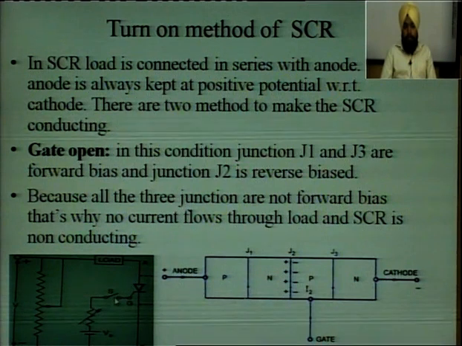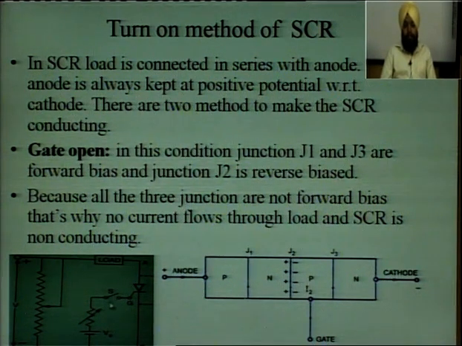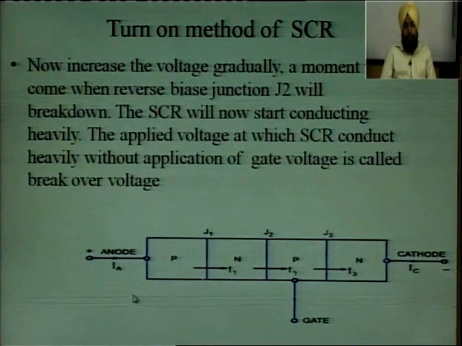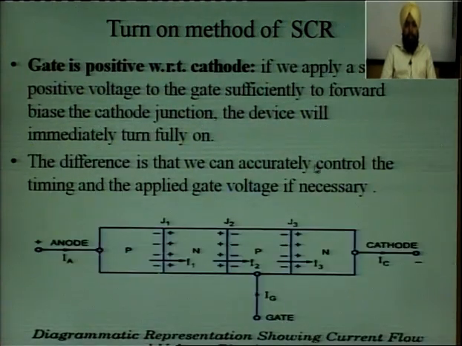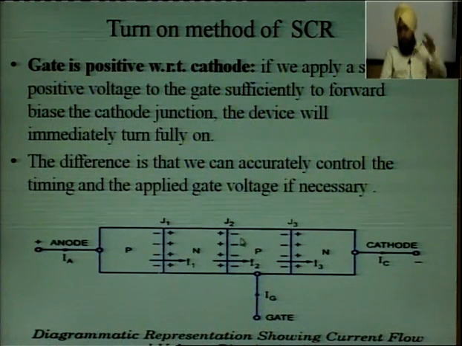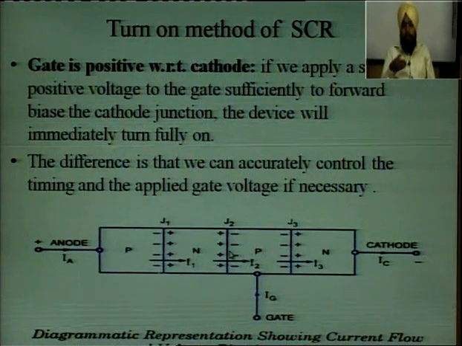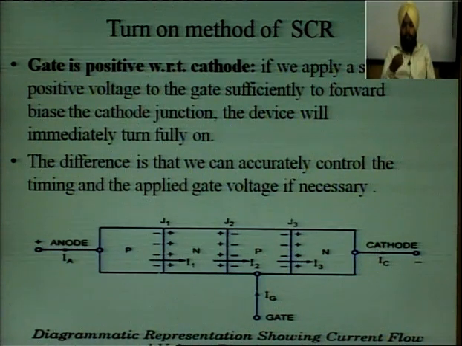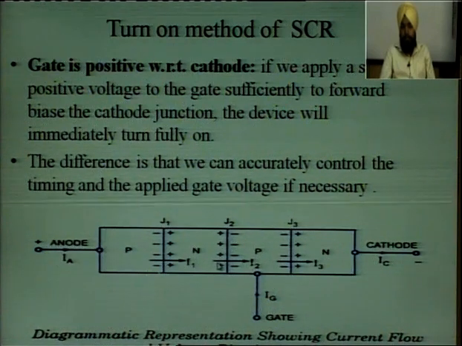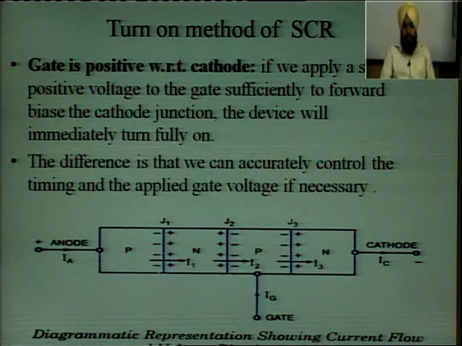So, when the gate current starts flowing, the value of the forward breakover voltage will reduce. That is, the voltage level at which current starts crossing junction J2 will decrease when we apply the gate pulse over the gate terminal.